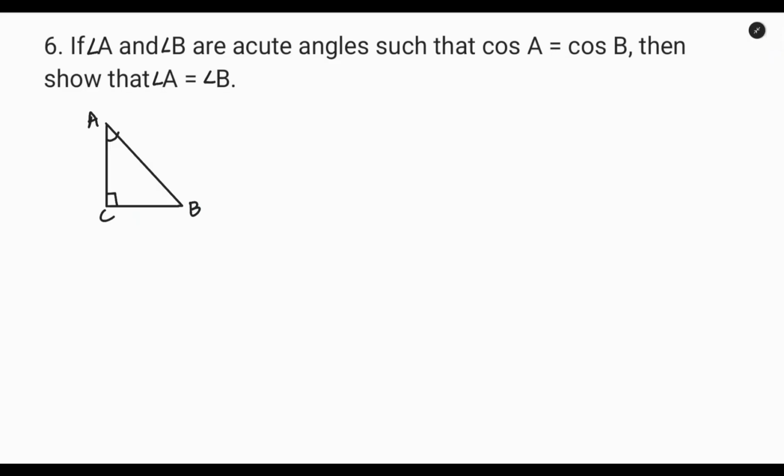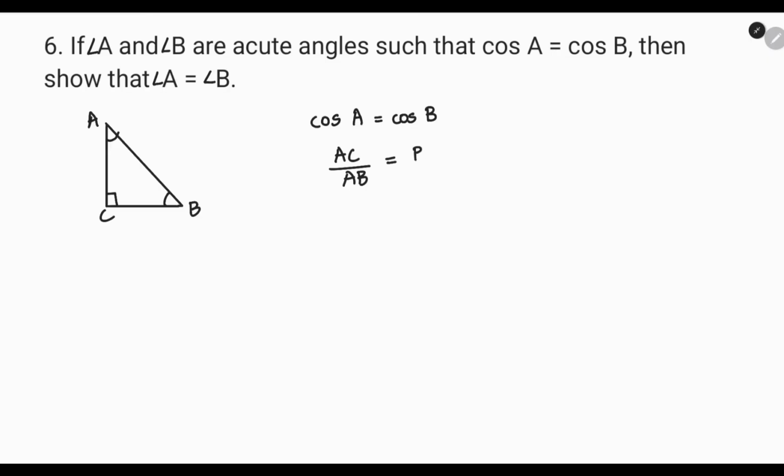We have to prove that angle A is equal to angle B. So we are given cos A and cos B are equal. What is cos A? Adjacent side by hypotenuse from the trigonometric ratios definition. So here adjacent side is AC by hypotenuse AB, which is equal to cos B, which is adjacent side BC by AB.